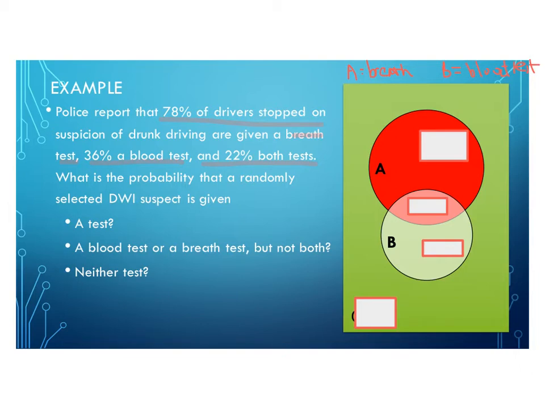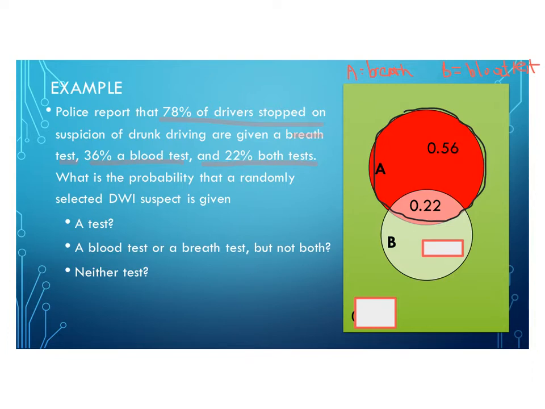So you would draw your two circles, and the overlap is where I would start my Venn diagram, 22%. Now I know that entire event A is 78%. But notice we have that 22% already represented in the diagram. So if we take 78% less 22%, we do get 56%.